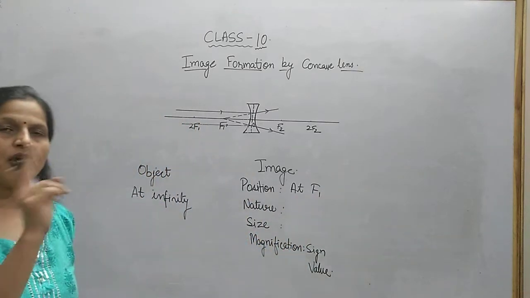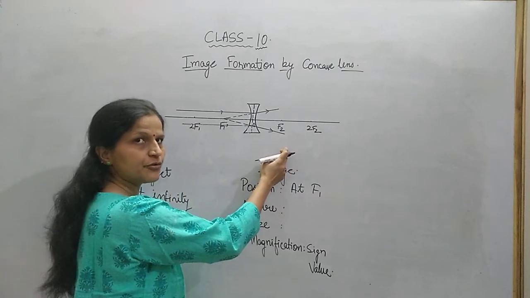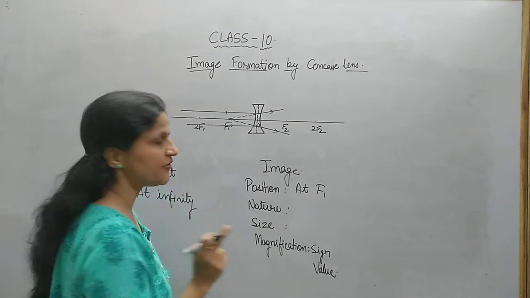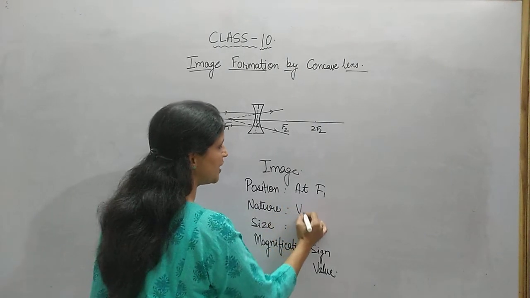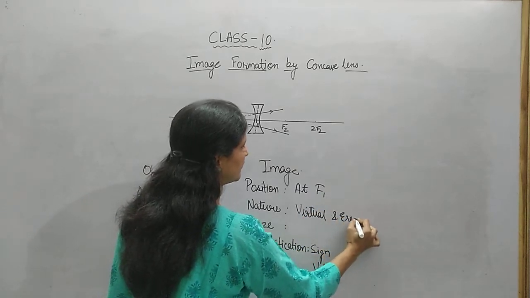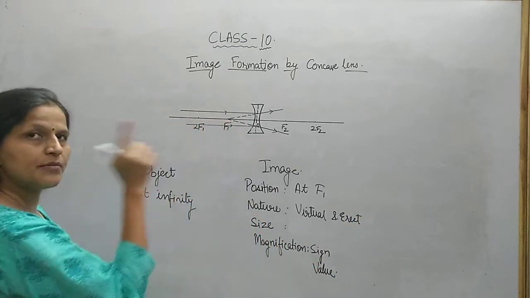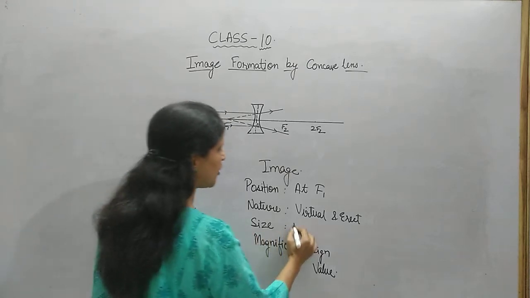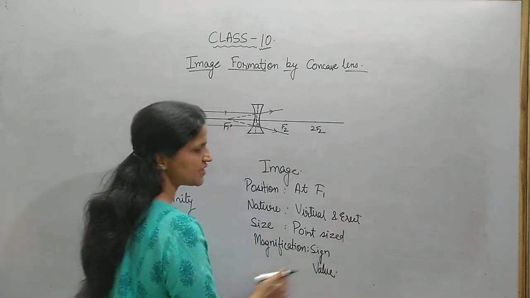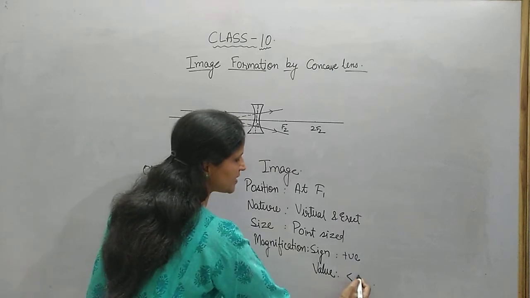When we took the object at infinity for a convex lens, you remember the image was formed at f2 and that was a real image. But here, since it is formed by apparent intersection of light rays, the nature will be virtual and erect. Size: you can see that the image is formed just at a point, so the size will be point sized. Magnification sign will be positive because it is a virtual image, and the value will be less than 1.